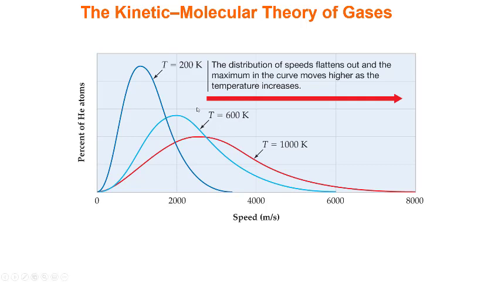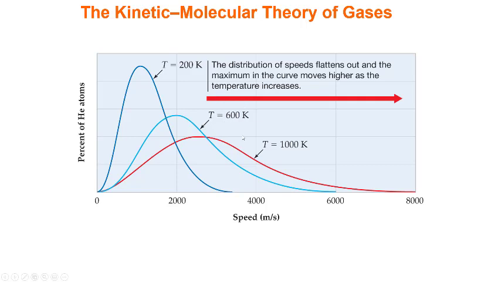And so here we take a look at some data showing that the x-axis is the speed of a collection of gas, and the y-axis is the percent of helium atoms. So we're dealing with all the same molecular weight gas and looking at the speed of that helium gas when you change the temperature. So we can see that at low temperatures, at 200 Kelvin, the large majority of our helium gas is moving at a slower speed.